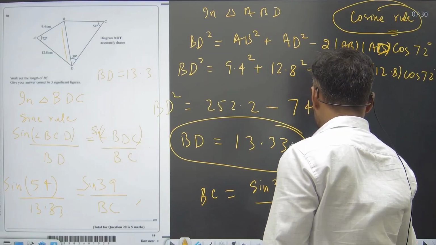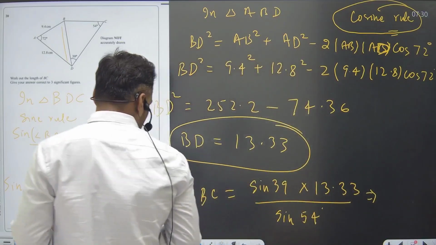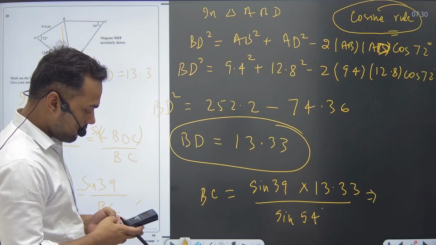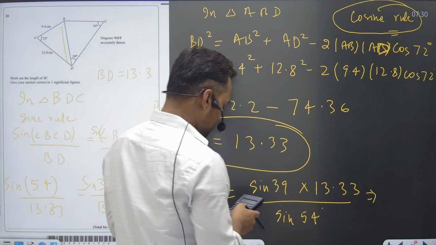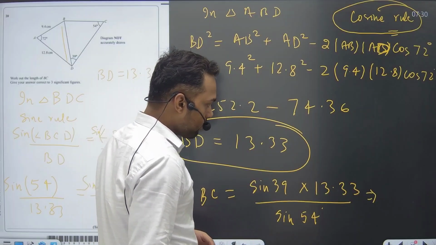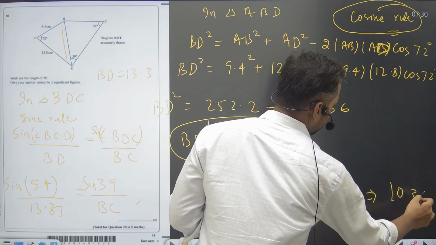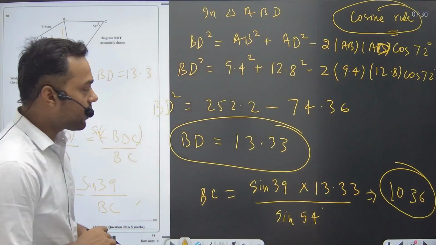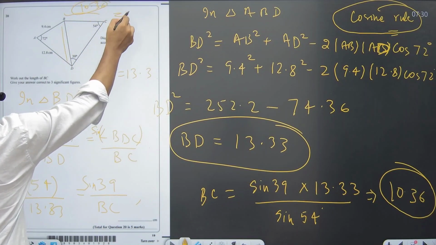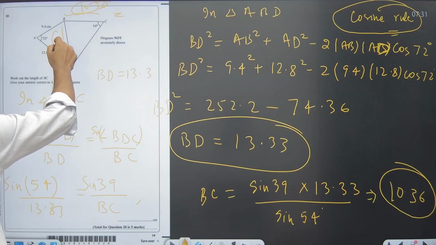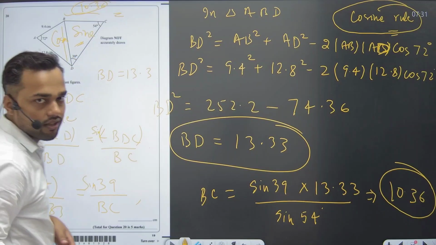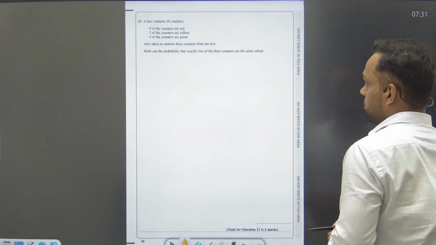Just plug in the values from the calculator: sine of 39 cross 13.33 gives 8.38, divided by sine of 54, which is 10.369. So 10.369 is the solution. First we applied the cosine rule in this particular triangle and the sine rule in this particular triangle. Now let's move to the next question.